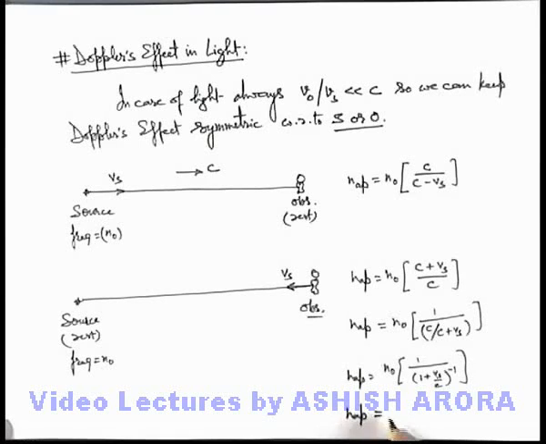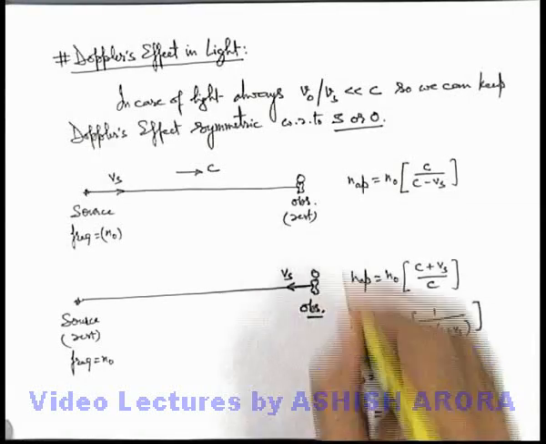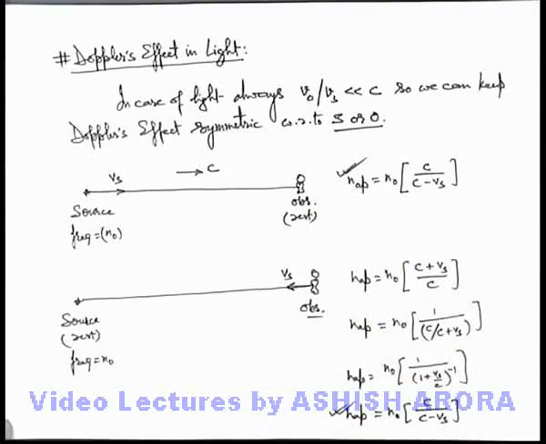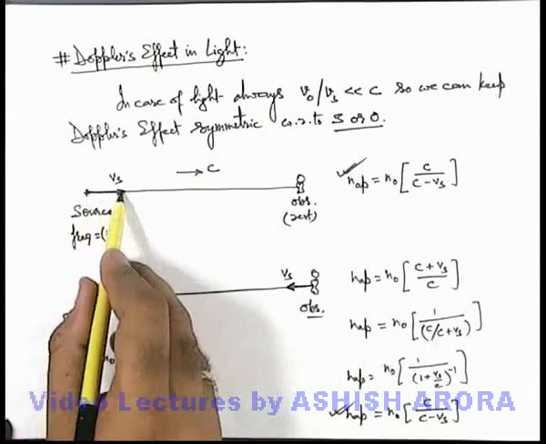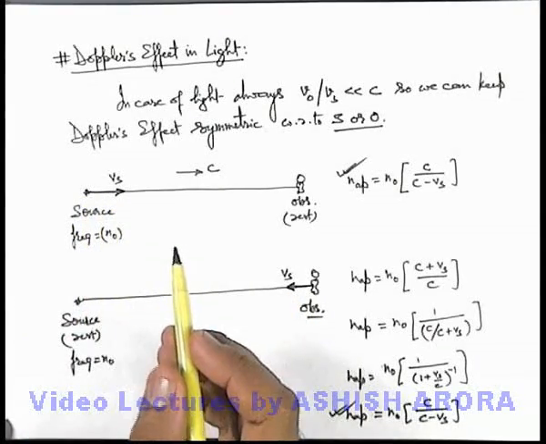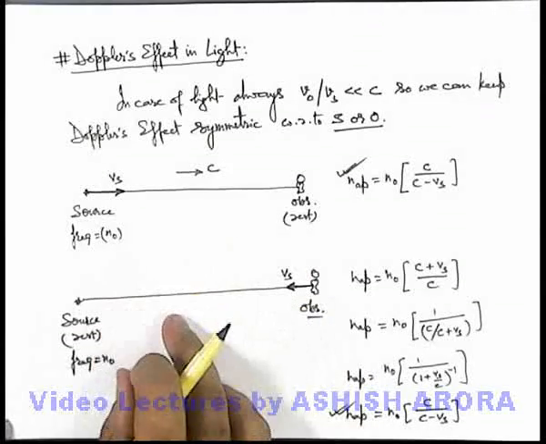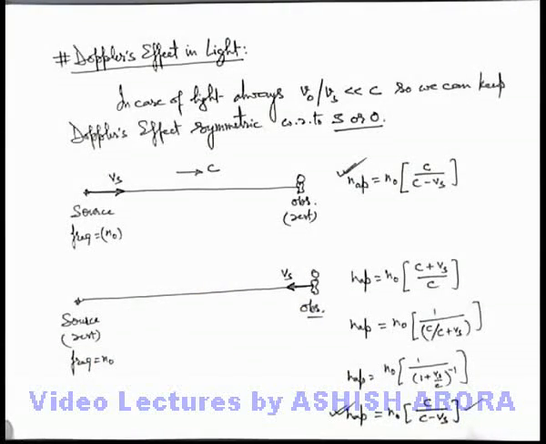So n apparent can be written as n0 into c by c minus Vs. You can see this expression is exactly the same as the previous one. That means whether the observer is moving with speed Vs or the source is moving with speed Vs, as the two are approaching, you can directly use the common result.